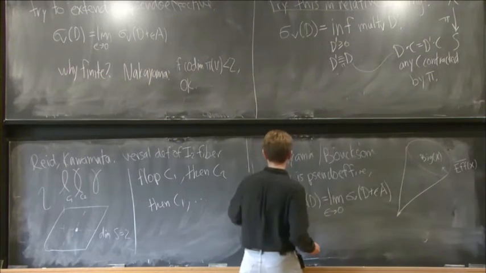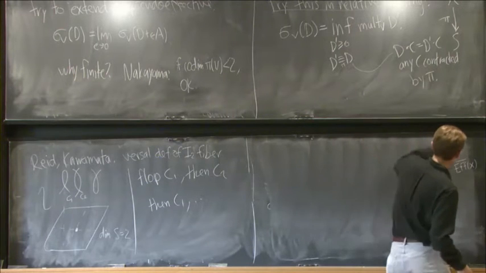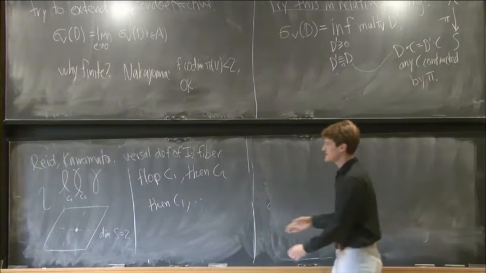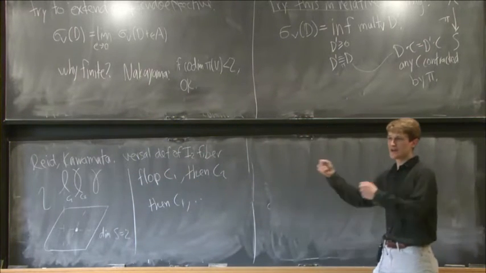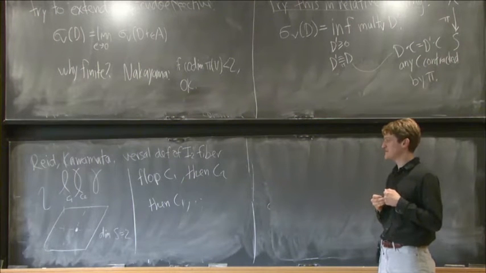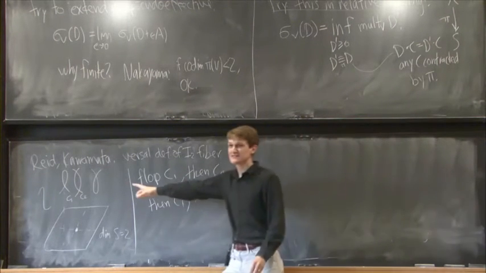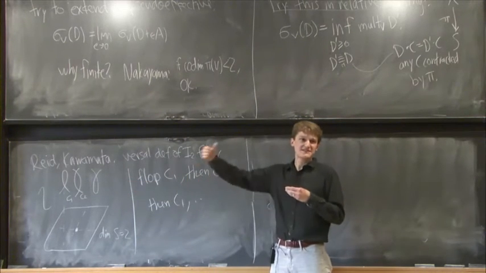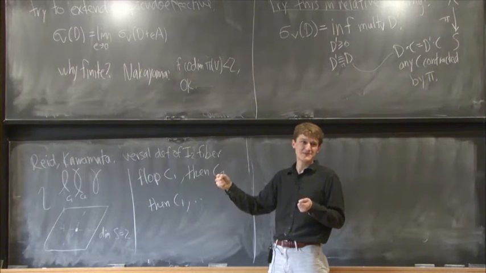Now here's what to think about. Say I started with an ample divisor on my X. So it's going to have no multiplicity along C1 or C2. I flop C1, and I take the strict transform of the ample divisor. Well, it's not going to be ample anymore. It's going to now have a base locus along C1, the curve I just flopped. If I then flop C2 and take the strict transform, I'm going to get another divisor, this time with base locus on C1 and C2.